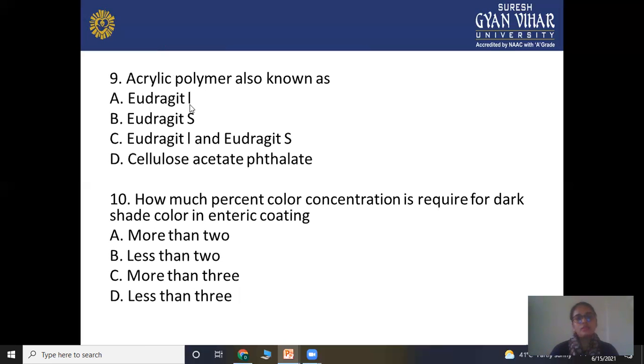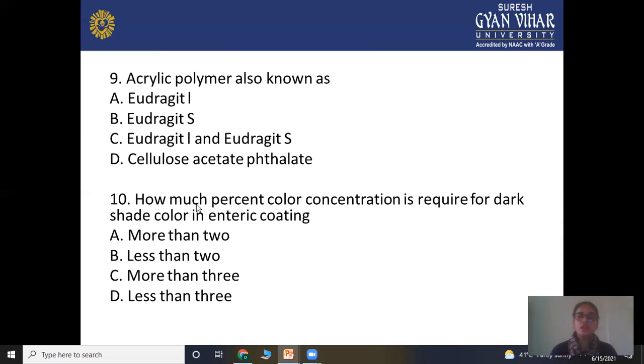In the ninth question, acrylic polymer is also known as A is Eudragit L, B is Eudragit S, C is Eudragit L and Eudragit S, and D is cellulose acetate phthalate. These are the four options. You should know what acrylic polymer is and its synonym. If you know the synonym, you can easily answer this ninth question.